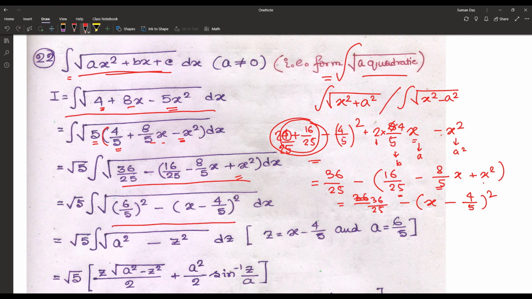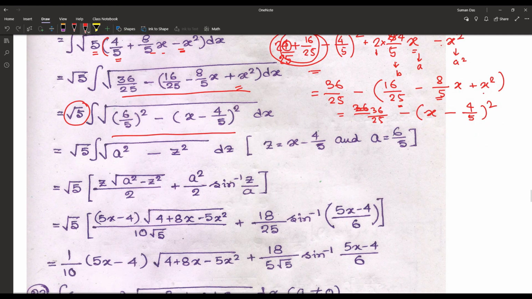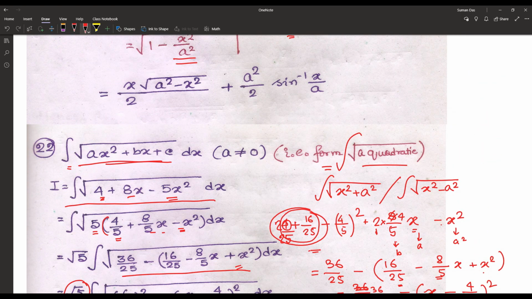And as 5 has been taken common, that is below the square root, so we have taken square root of 5 as a multiplier. Now look at the thing, where if we take 6 by 5 as a and x minus 4 by 5 as z, we are getting the result as square root of a square minus z square. And just below that problem, already we have found our required formula to solve this.